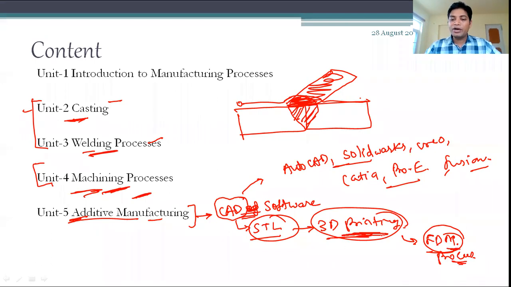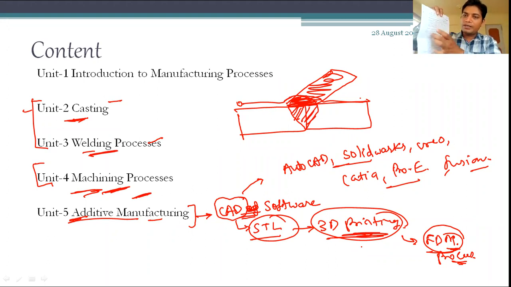Now what is 3D printing? For example, I want to print these things. This is a 2D print. How is it 2D? Whatever you have written in Word or PDF, you just take the printout on that 2D page. This is a plane, this is the X direction, and this is the Y direction.